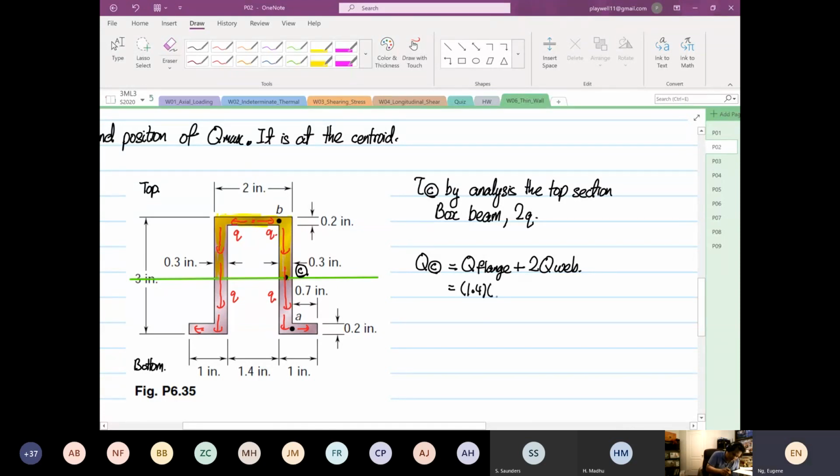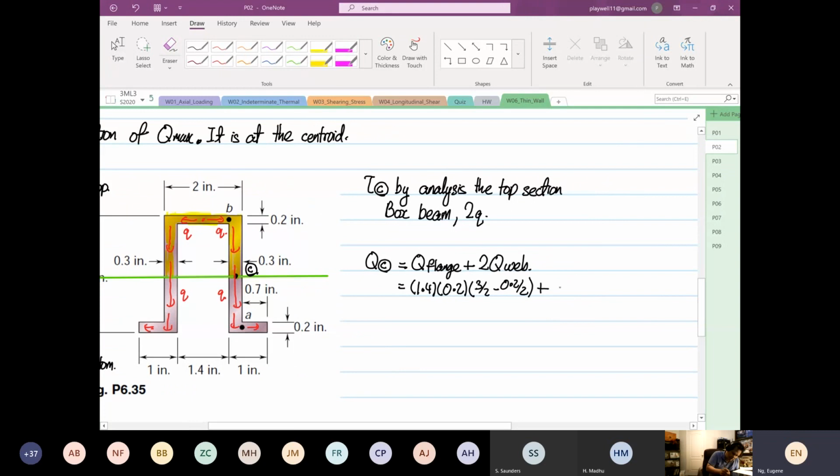the depth is 0.2, so this is equal to 3 divided by 2 minus 0.2 divided by 2 plus, so the web is left and right, so 2, the width is 0.3, the height is 1.5, and then the y bar is 1.5 divided by 2, right?